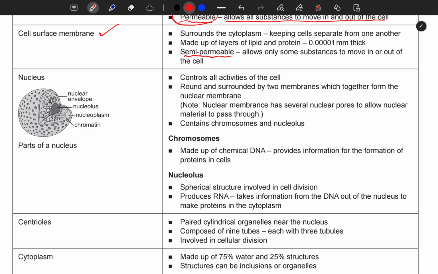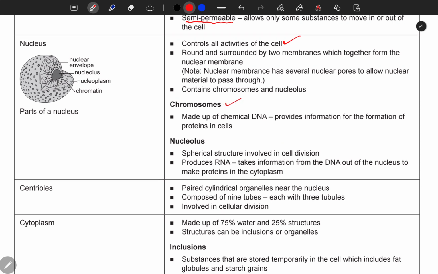Well, the nucleus controls all the cell activities, and inside the nucleus is where you are going to find the chromosomes and the nucleolus. The chromosomes are made up of the chemical DNA, known as deoxyribonucleic acid.